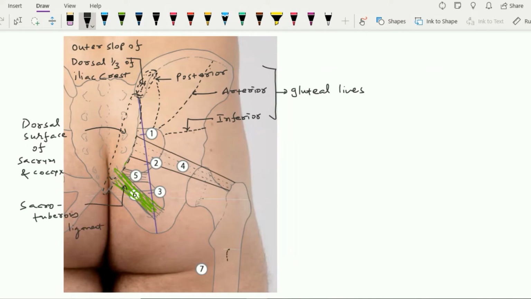And here this is the posterior aspect of the upper 1/3 of the shaft of the femur, where the rough area is there, and that rough area is called the gluteal tuberosity. And on the lateral aspect of the thigh, we find the iliotibial tract, as we have already discussed. So all these are the bony orientation of the gluteal region before going into detail of the gluteus maximus muscle.